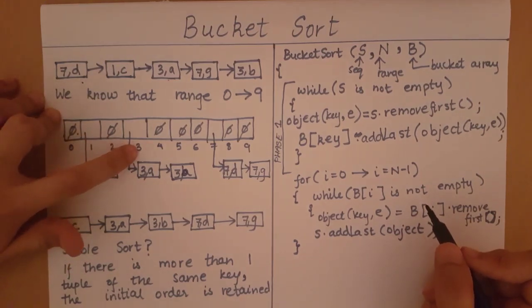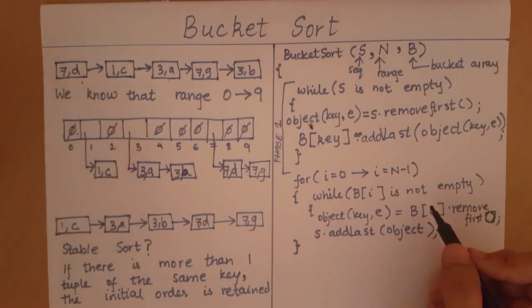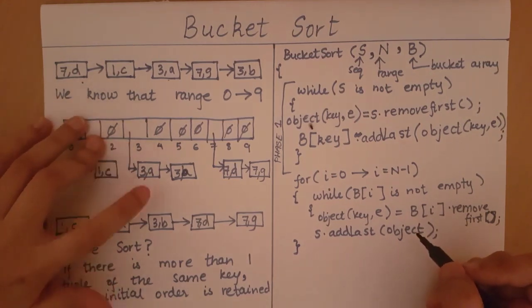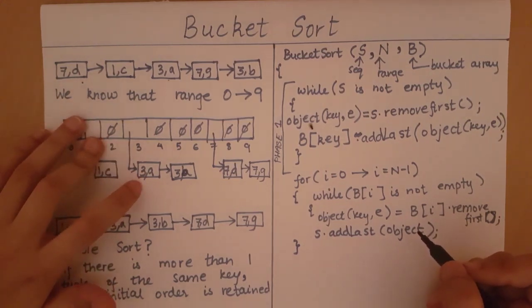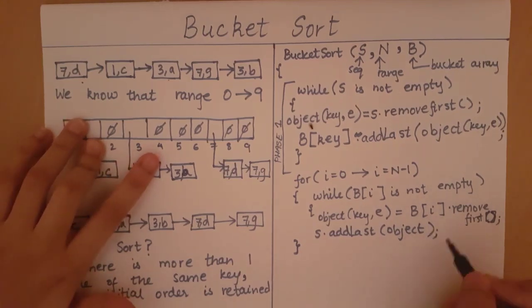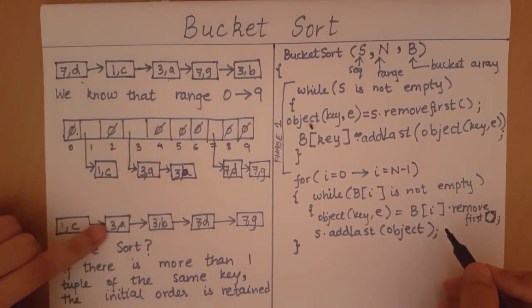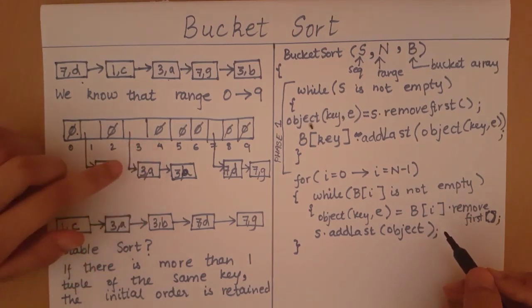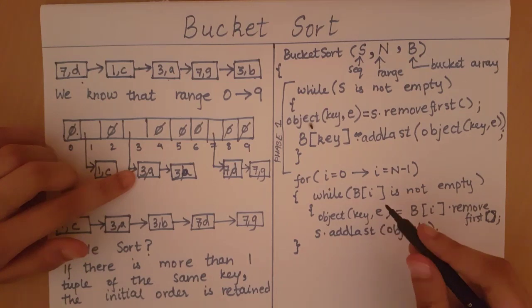Then we see 3. 3 is not empty, so we go to the list 3. We remove the first element. We remove 3 of A. Then we add it to the end of the list S. Now when we remove 3A, we go and check whether B of 3 is empty.